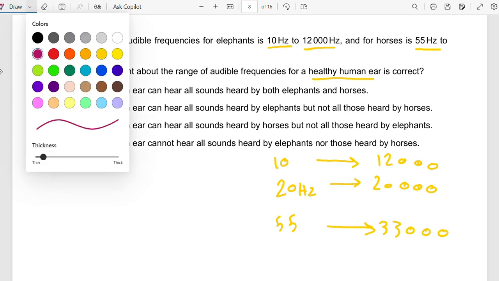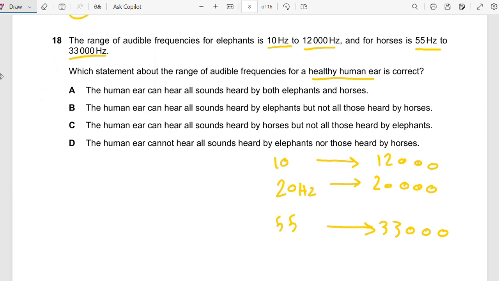Let me change the color here. So in A, they say the human ear can hear all the sounds heard by both elephant and horses. No, actually. No, we can't notice here 10, we cannot hear, right? And 33,000, we can't. So A is wrong. B, the human ear can hear all sounds heard by the elephant, but not all those of the horses. Actually, no. The elephant, again, we cannot hear the 10.